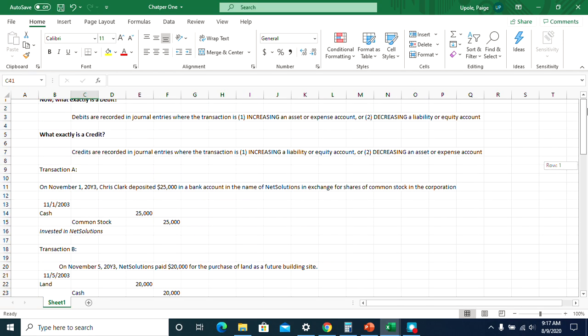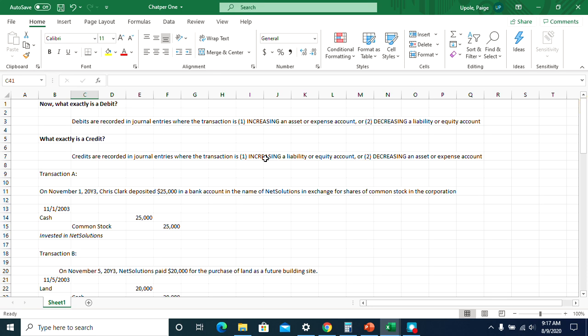A credit can either be an increase in a liability or equity account. That's not our situation, right? Because we're earning revenue in the form of services we provided. Or it's a decrease to an asset or expense account. Oh, wait, sorry, I said that wrong. An increase in a liability or equity account. This is our situation here because our services earned fall under the umbrella of equity because it's a type of revenue.